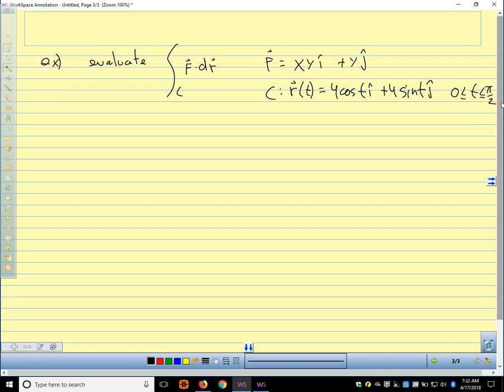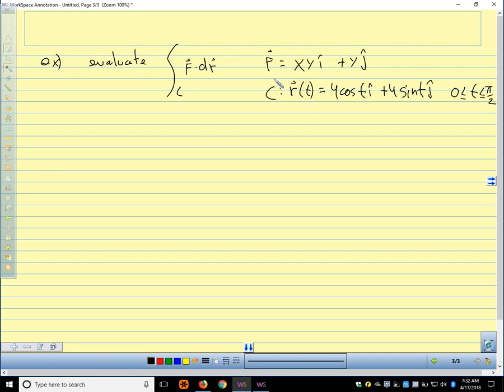So what is our curve? And this tells us quarter circle. So we're going counterclockwise around a quarter circle with radius 2, 4.